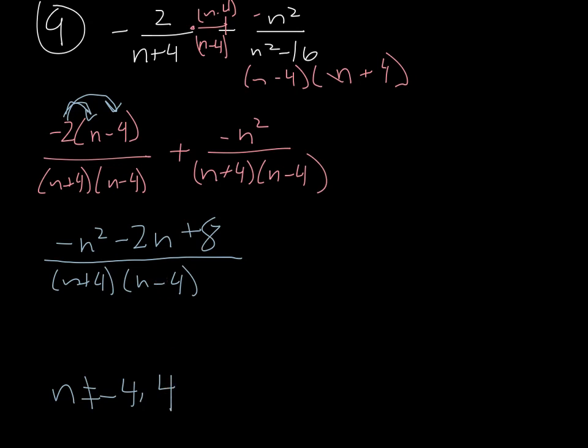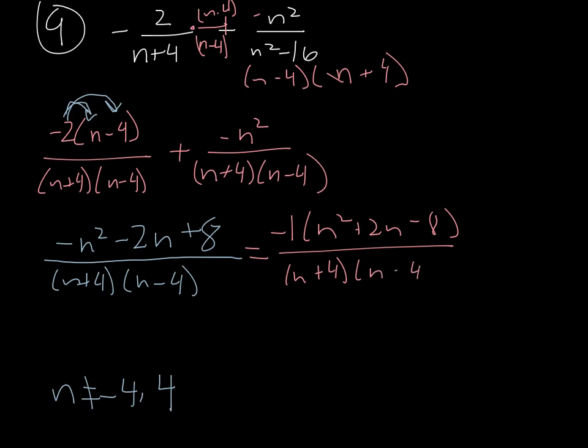Now I'm going to factor out a negative because I just feel like it's easier when I factor if I have my leading coefficient as a positive. And then two numbers that multiply to get negative 8 and add together to get positive 2. So if I think multiply to get negative 8, add to get negative 2, it's 4 and negative 2. So I have negative 1 still.